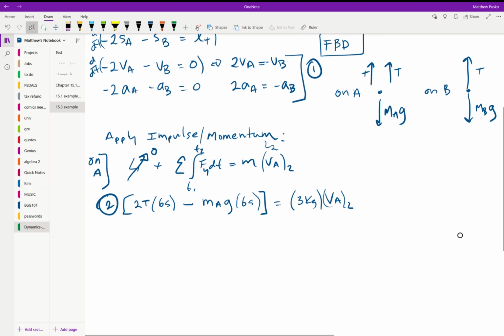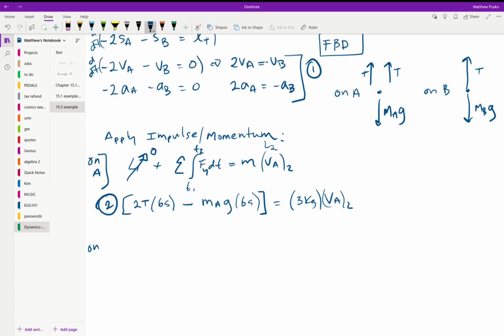Sorry about that. I'm going to keep the free body diagram visible so I can now look at B and apply L1 plus, or the linear momentum, plus the impulses, the summation of them in the y direction is going to give us a new velocity on B, or a new momentum.